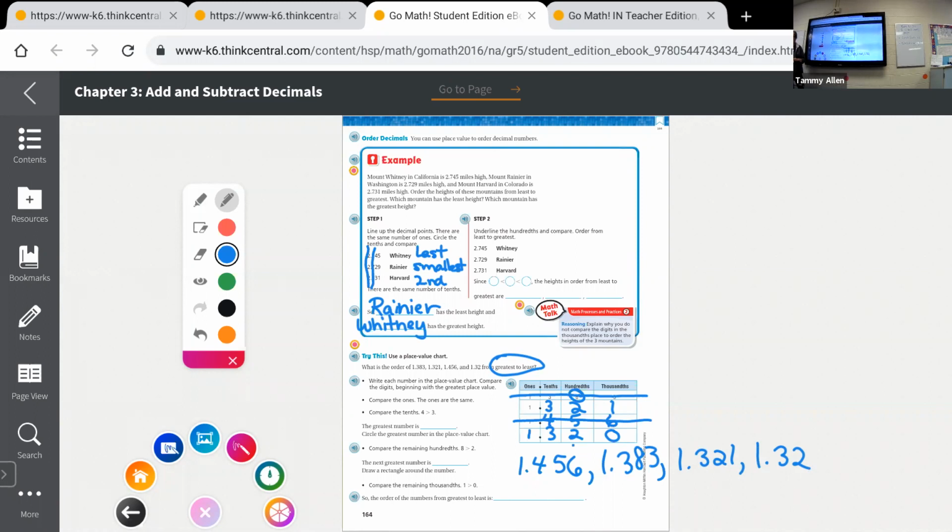Questions on that? Any question on how to line these up and eliminate going from largest to smallest? Eduardo? All what numbers? From this list? They came from that list.